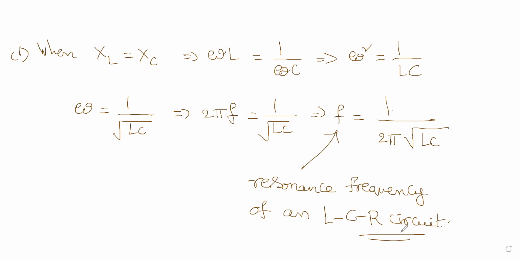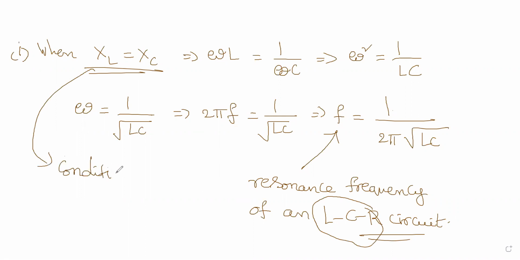Sometimes they'll tell LC circuit or an LCR circuit. It doesn't matter. That's called a resonance frequency. And when XL is equal to XC, this is the condition of resonance.